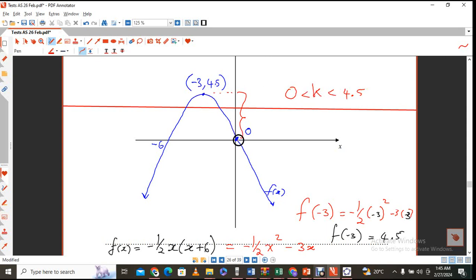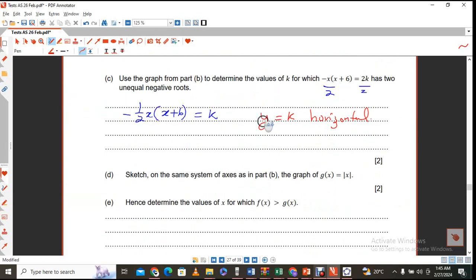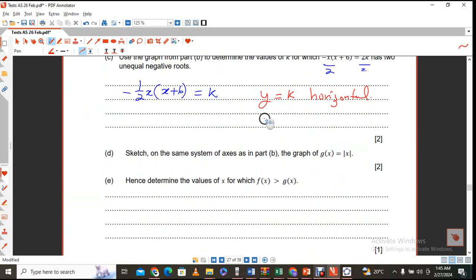If it's here, then the other solution will be 0. So our k value should be whatever the line is. It's either y equals to anything between 0 and 4.5. So y equals to 2, for example, is going to generate the same thing if I was to draw that. So that is how the B part of that question is therefore answered. So it would be k is less than 4.5, the range, and greater than 0.